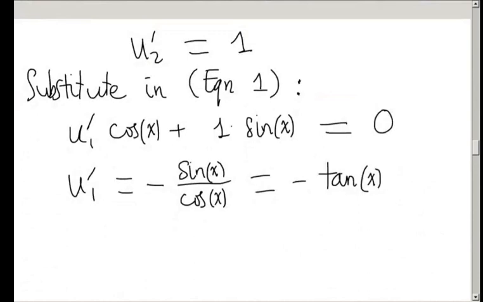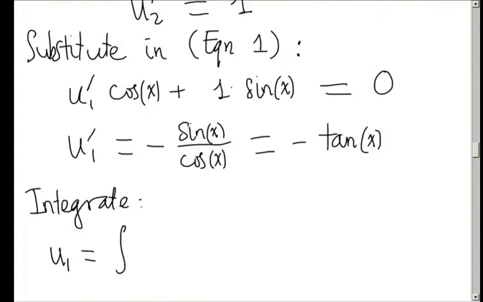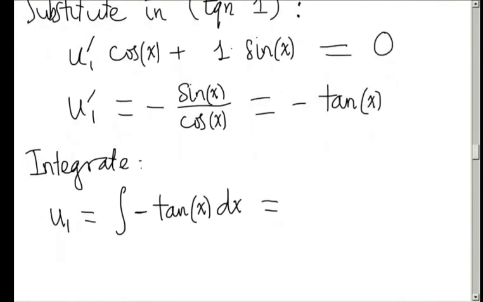So far we have solved for the derivatives u1 prime and u2 prime. In order to get u1 and u2, we need to integrate. u1 would be the integral of minus tangent x dx. Now what is the integral of tangent? This is one of the formulas you should remember.